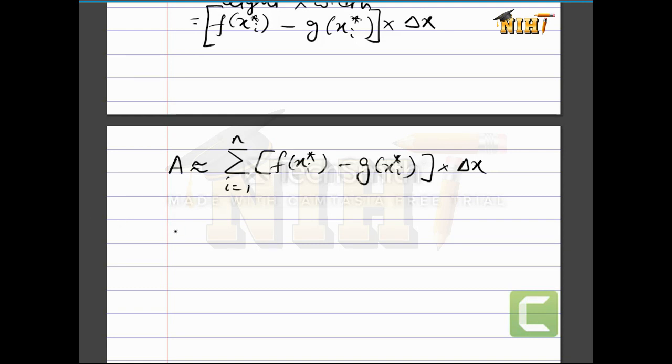Now, as n tends to infinity, that is, we consider an infinite number of thin strips, we can write this as area equals, now this is an equal sign, the limit of n tends to infinity. So essentially this equation is the difference equation, and then we are essentially taking that difference equation and converting it into a calculus notation.